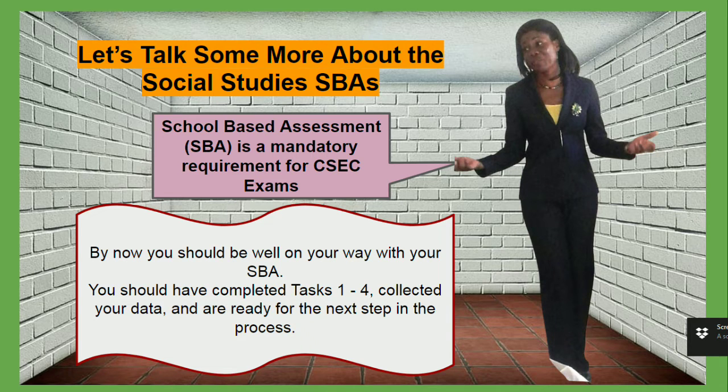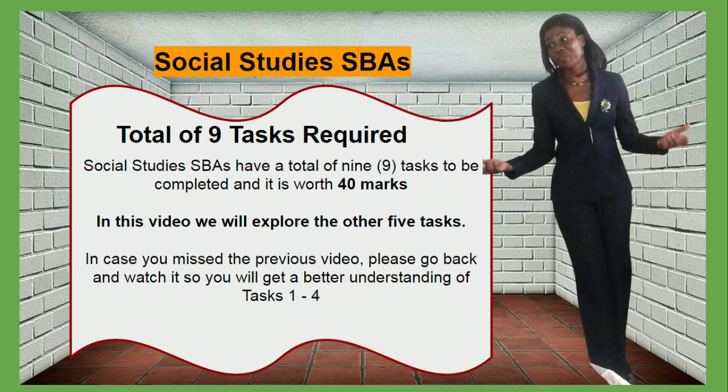In today's video, we are going to be focusing on part 2 of the SBA, which is really looking at the other 5 tasks from task 5 to 9. In case you missed the previous video, please go back and watch so that you can have a better understanding of what is required of you for task 1 to 4. At the very least, you should by now have completed tasks 1 to 3. So let's get into our task 5 to 9 for today. Sit back, relax, and let's go.